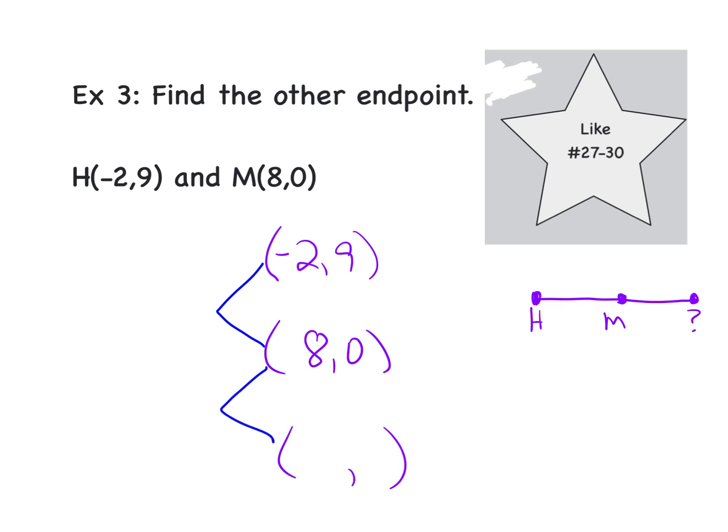Okay? So from -2 to 8, I got to figure out what is the difference, how far did it go to get from -2 to 8, okay? And what I want to do with these is add them together if one's positive and one's negative. So I'm going to go over here to the left, and 8 plus 2 is 10, okay? So to go from negative to positive, it went up, so it's positive.